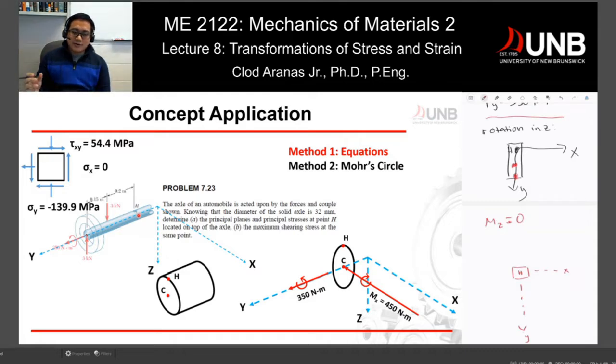Now, if we are looking for the effect of your moment, your moment is rotation along x, which means that if you can imagine this section here, your rotation in x is from this point and it's rotating towards that point, right? So the rotation is like this. It's rotating clockwise, it's a negative number, from this point up to this point.